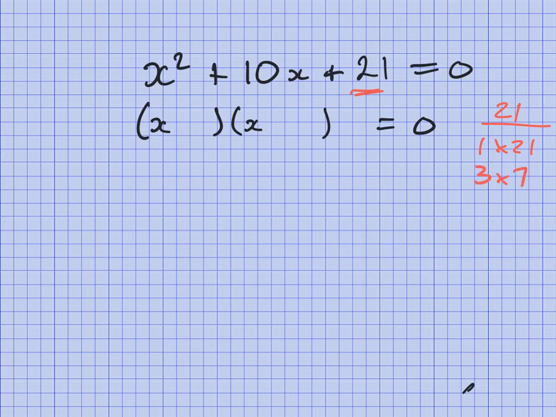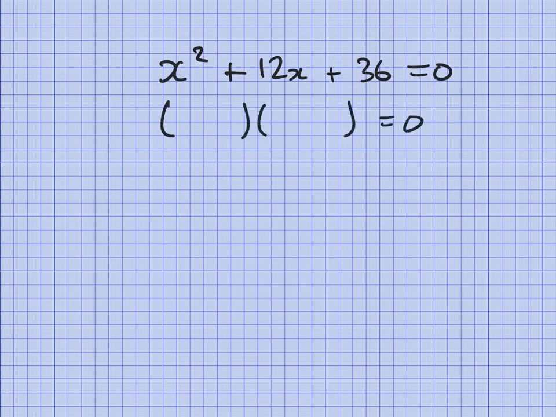Or it could be 3 times 7. That's nicer. That gets me 10. So the solution is x plus 3, x plus 7 equals 0. So x must equal minus 3 to make the first bracket equal 0. And x must equal minus 7 to make the second bracket equal 0.